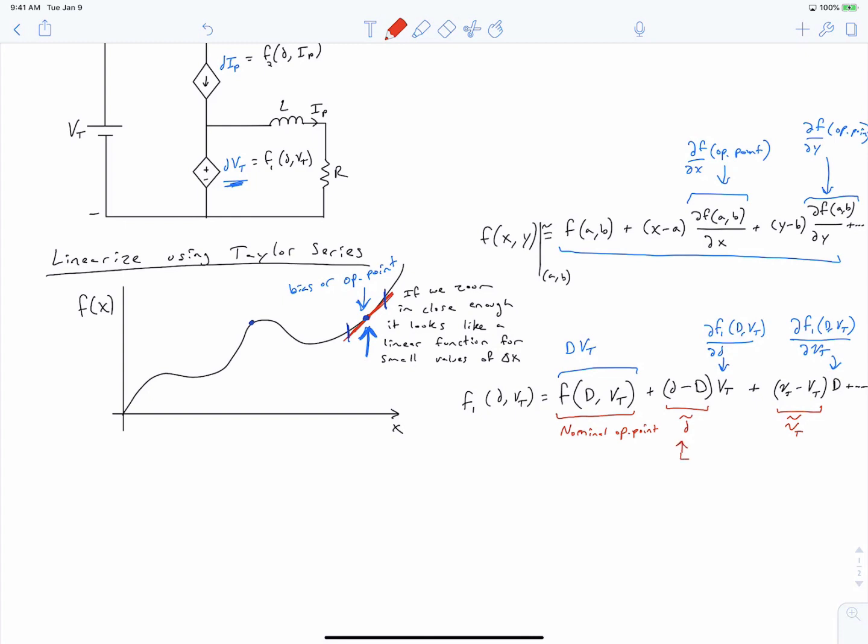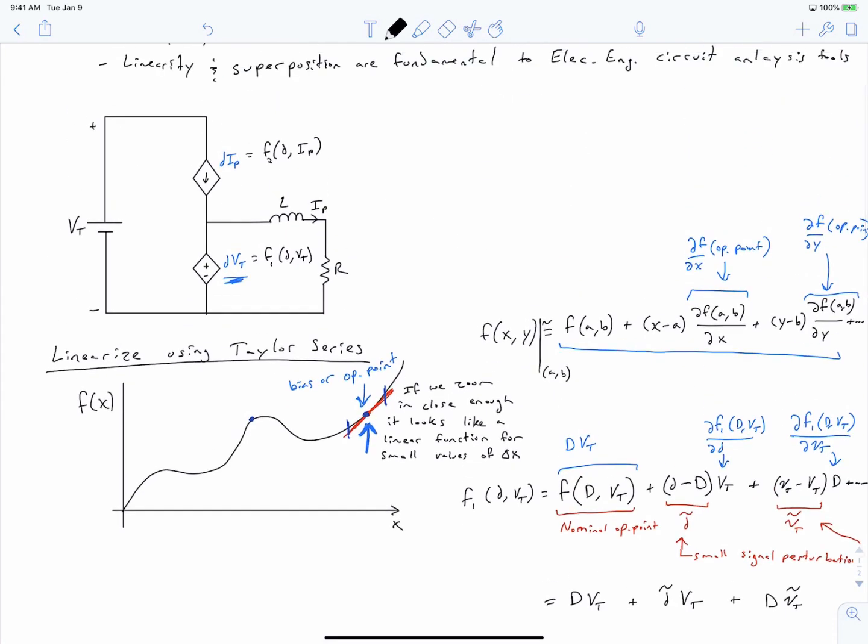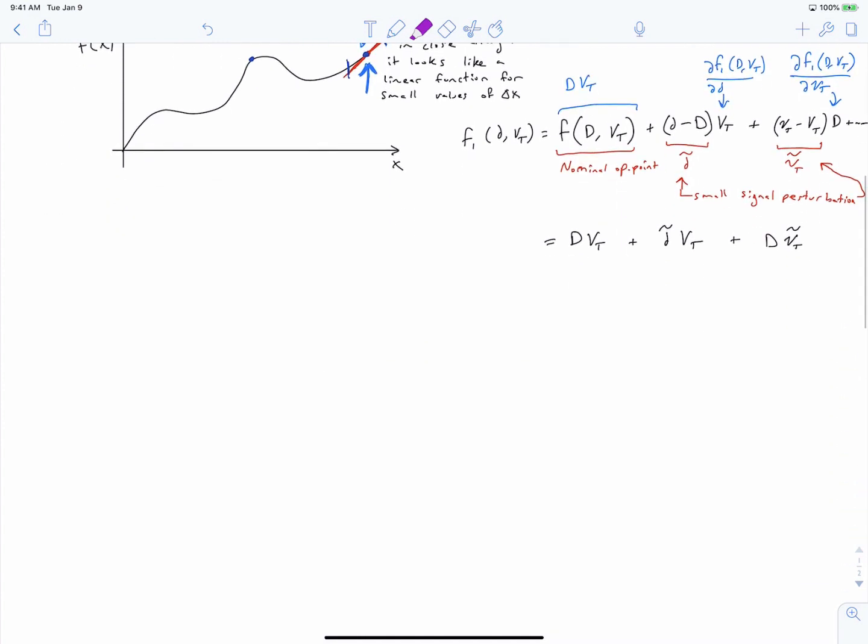So both of these points are our small signal perturbation. And we can finally rewrite this equation as being, alright, and now we can do the same thing to evaluate the Taylor series of F2, or our current source.